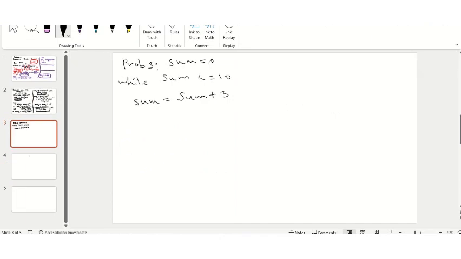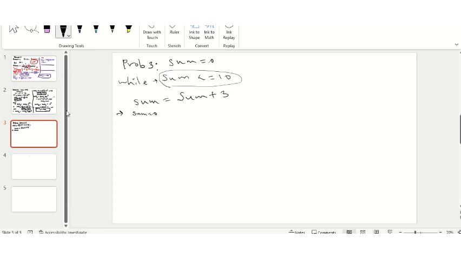First, sum is equal to 0. I am starting with sum equal to 0. Here, I am checking for the while loop, whether this condition is satisfied or not. When sum is equal to 0, is sum less than or equal to 10 or not?